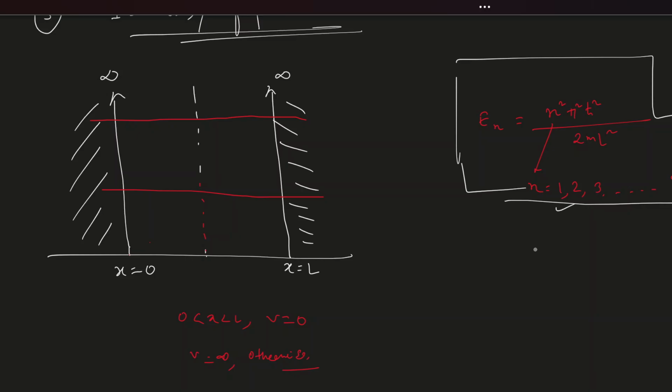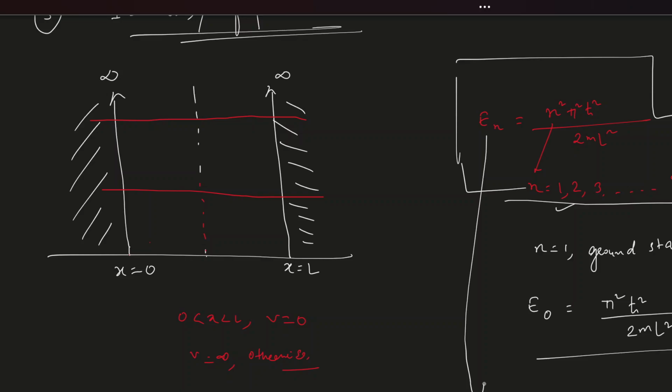Very naturally, n equal to 1 is your ground state, which in this problem is given as the ground state energy E naught. So E naught will be 1 squared pi squared h cut squared by 2mL squared. That is given in the problem, that E naught is the ground state energy. If that is true, then naturally En, the general form of the energy eigenvalue, is n squared times this whole thing in the bracket, which is nothing but your E naught.